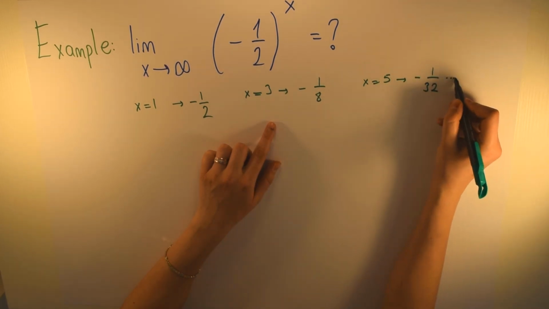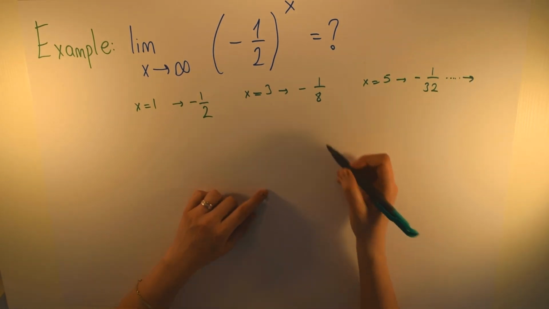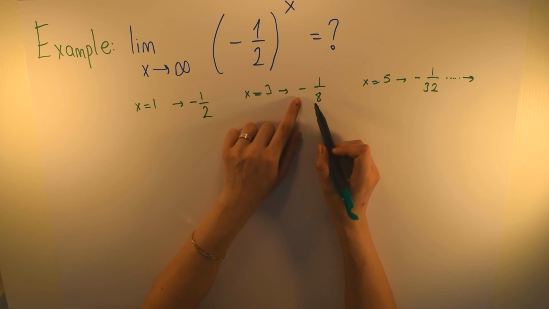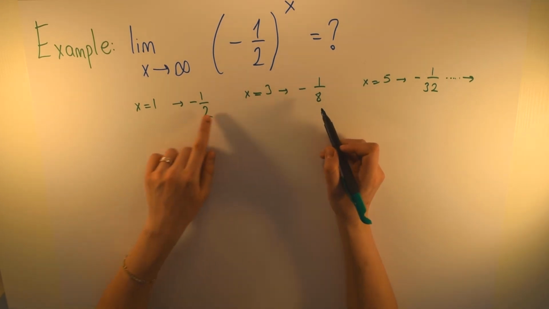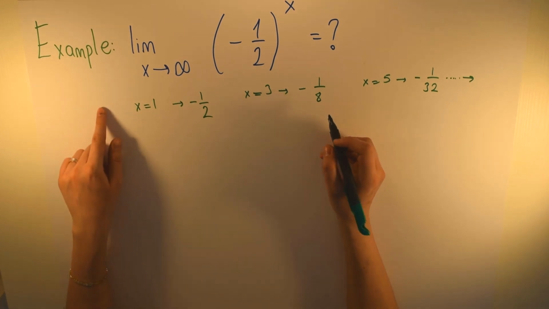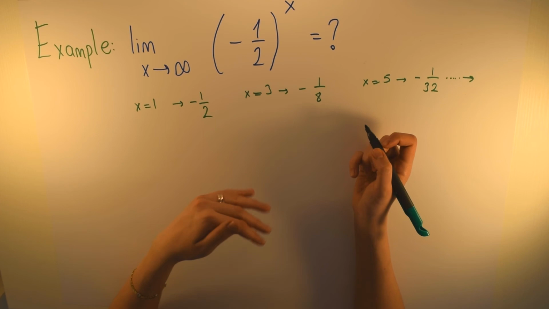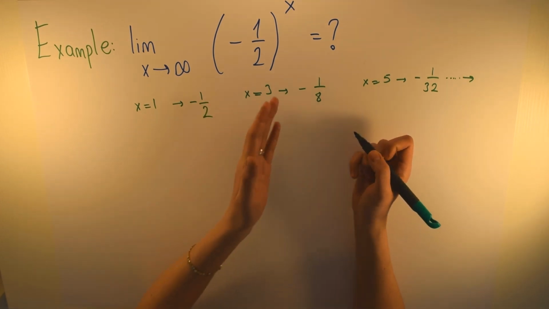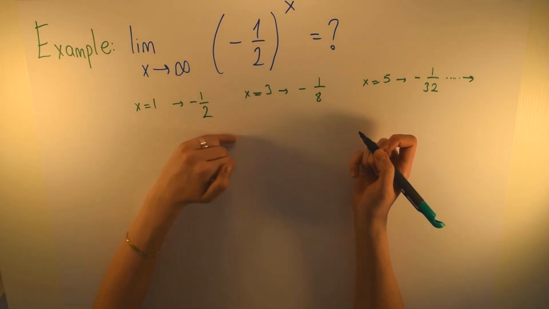So is this getting closer to infinity or 0? Without the minus sign, we would say these values are decreasing, but they also have these minus signs in front of them. It means these values are increasing. But when I say increasing, they are not getting closer to infinity. Actually, they are getting closer to 0 because these are negative.